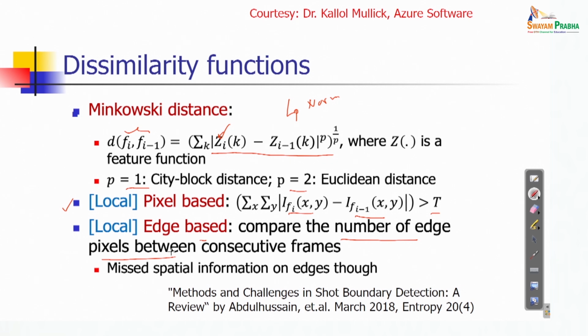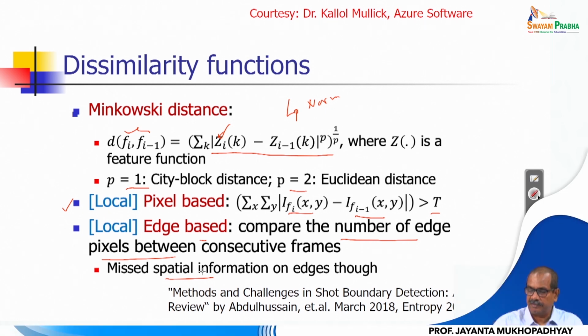There should be small changes in consecutive frames, whereas in a transition, this change would be quite significant. So this is the advantage. Though other spatial information is not used in edge based methods, it is still found to be a very effective measure for detecting shot boundaries, particularly using this kind of threshold based method.